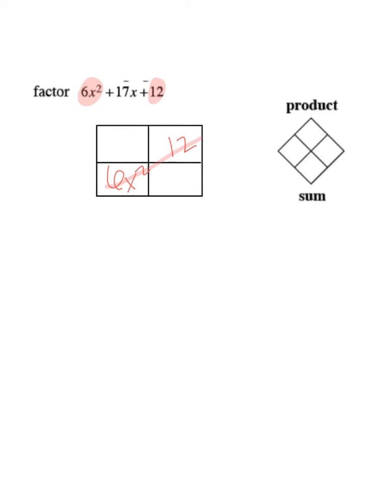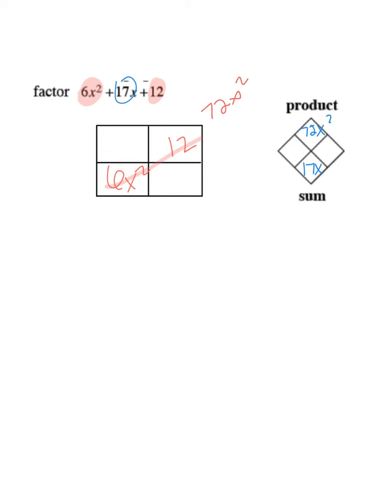So 12 times 6 would be 72x squared. And then we know that the 17x is what our two missing rectangles should add up to. So we'll put 17x as the sum and 72x squared as what they need to multiply to.